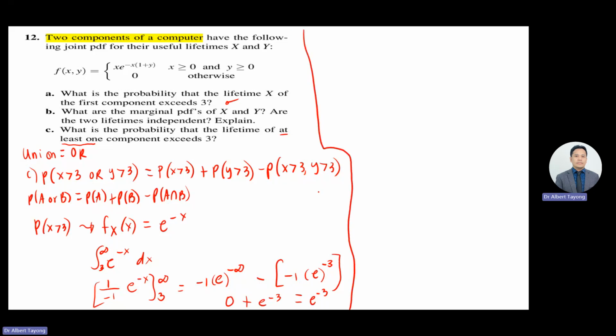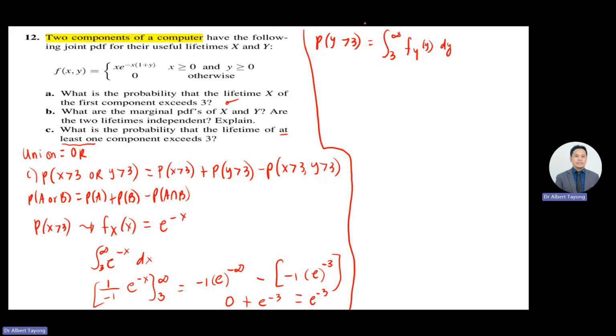All right, so for y greater than 3, we're going to write it here, P of y greater than 3. That is actually the integral from 3 to infinity of f sub capital Y of y dy.